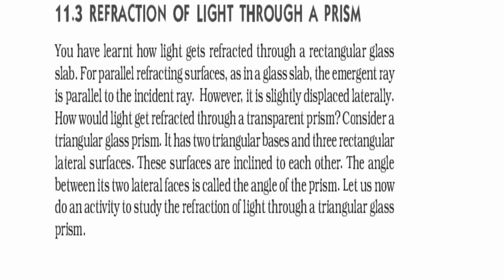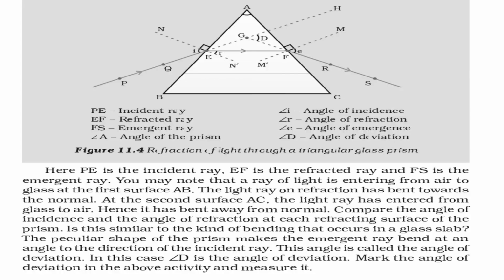Let us now do an activity to study the refraction of light through a triangular glass prism. Now a prism looks like this, as shown in the figure. Here PE is the incident ray, EF is the refracted ray, and FS is the emergent ray.